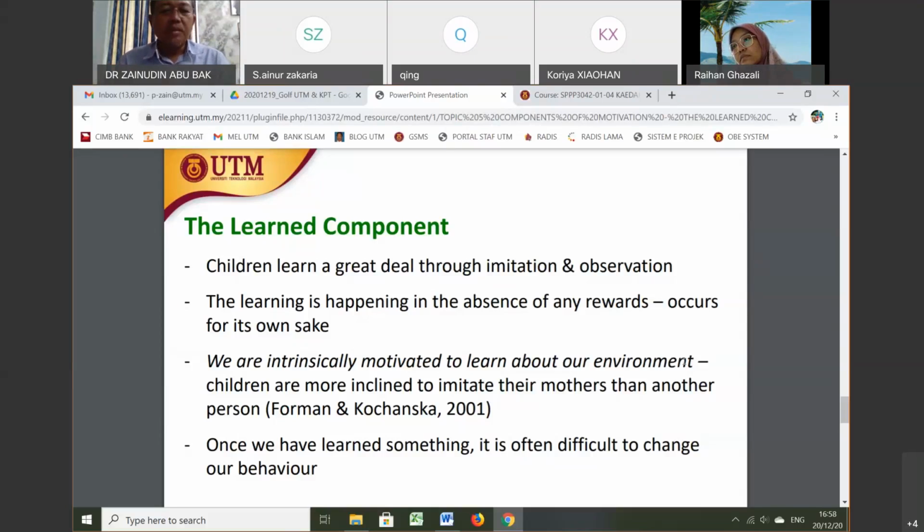A lot of things. Children are more inclined to imitate their mothers than another person. Of course, you know why? Because they spend more time with the mother, or the other significant others, the people close to them, their brothers, their sisters, their parents, their uncle.